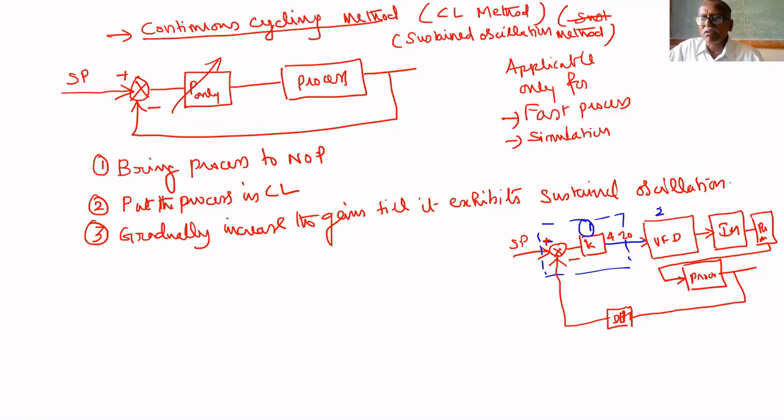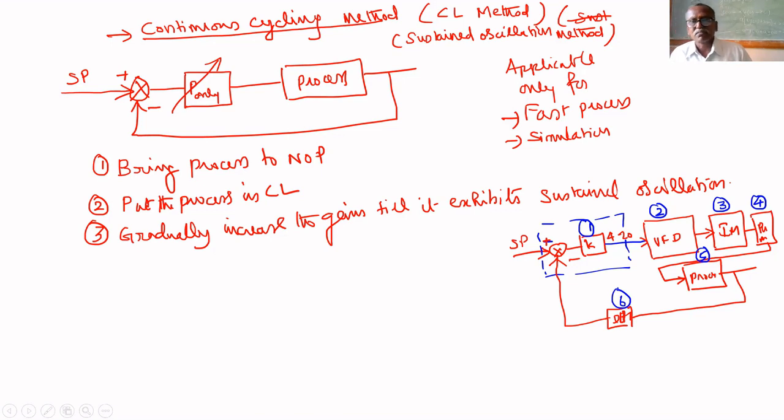Controller 1, VFD 2, induction motor 3, pump 4, process 5. Even though it is zero order mathematically, it is maybe at least first order. Then the measuring device, the flow meter, cascaded with the differential pressure transmitter. So 1, 2, 3, 4, 5, 6 are in the loop. At least sixth order.